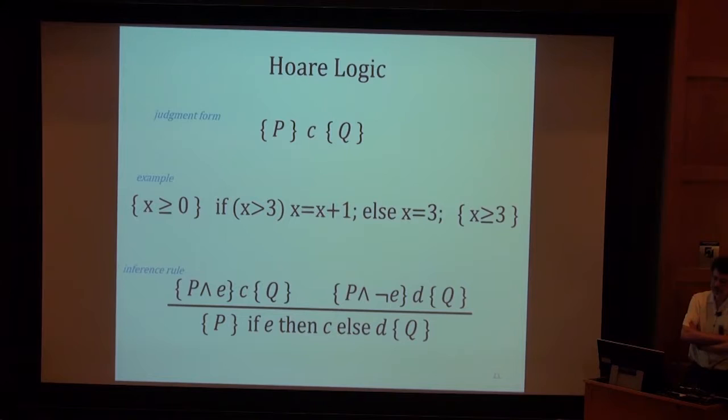So here, the if statement is correct with respect to precondition P and postcondition Q, but we can derive that if we can derive that with P and the loop test expression, that's a strong enough precondition to run C and end up with Q true. And P and the negation of the loop test is a precondition for D with postcondition Q.